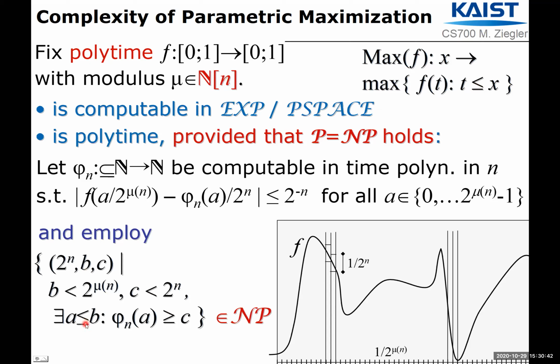That in particular means that the binary length of the witness is bounded by the binary length of the argument. And the verifier condition is polynomial time decidable, because by hypothesis, this integer discrete function is polynomial time computable. So when given a and c and n, it's easy to decide whether this relation holds, because phi n is supposed to be polynomial time computable.